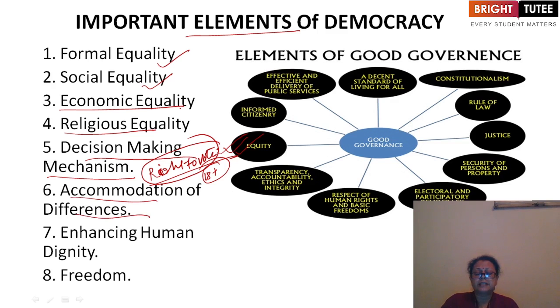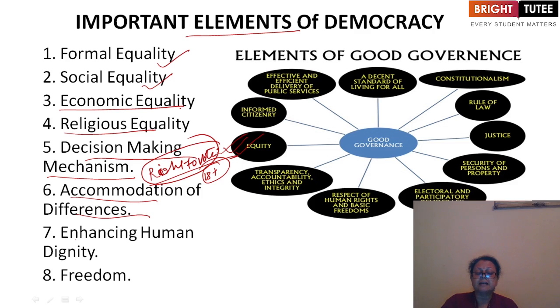Accommodation of differences means that there are differences on the basis of caste, religion, class, race. In many countries or societies, there will always be differences within the masses. More so in a country like India with its vast landscape: mountains, plains, plateaus, rivers, deserts, streams, we have diversity everywhere.